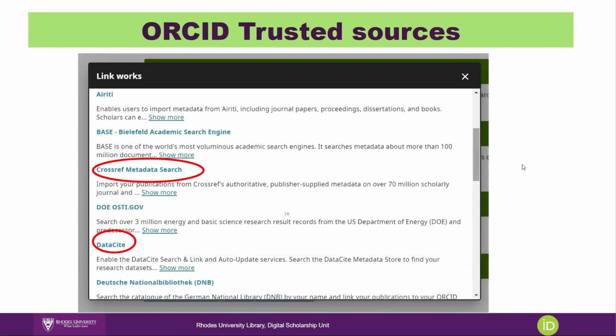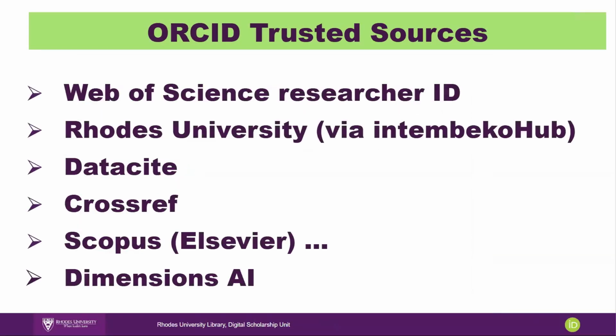Every time you publish in journals indexed with, maybe, Web of Science or Scopus, updates become automatic on your ORCID. The different ORCID trusted sources include Web of Science, Rhodes University, which is your institution through the Intembeko Hub, DataCite, Crossref, Scopus, and Dimensions AI.